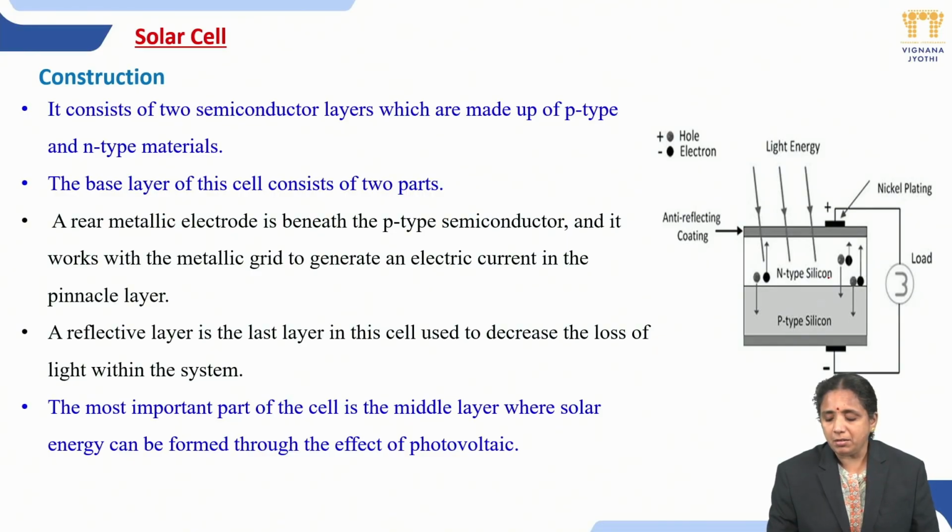Here an anti-reflective coating is used on both sides of p and n, and we connect them with a metallic electrode. This anti-reflective layer is used to decrease the loss of light within the system. The middle layer is the most important, where solar energy is converted through the photovoltaic effect.